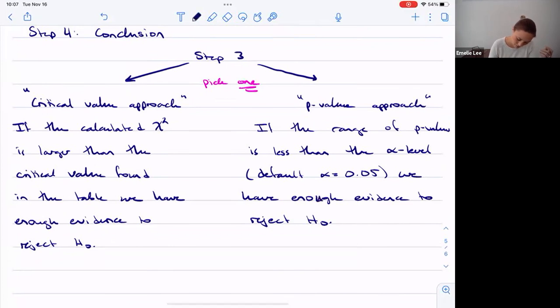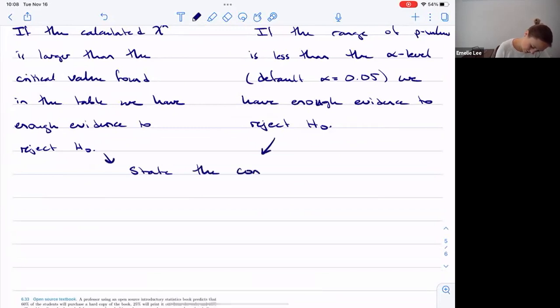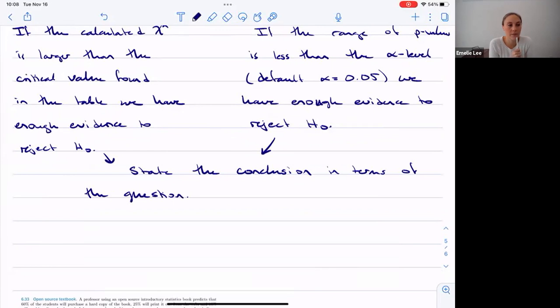But then once you've either rejected H naught or you fail to reject H naught, then you state the conclusion in terms of the question. Good. All right.